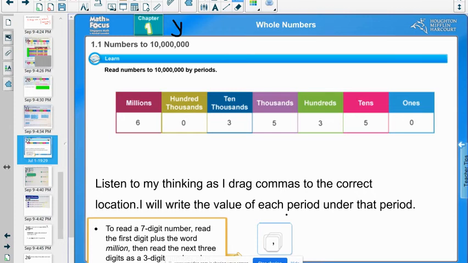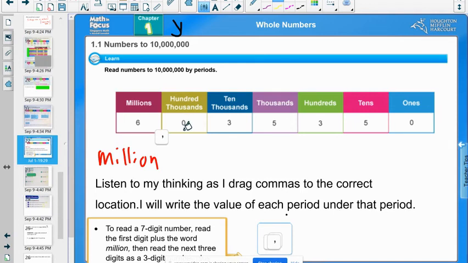When you're reading a number, it's like reading a book, right? You go left to right in the English language. So 6 millions. As soon as I hear myself say that word millions, I know that that's it for that period. So I can write my millions, and I've got 6 of them. Wouldn't that be nice?